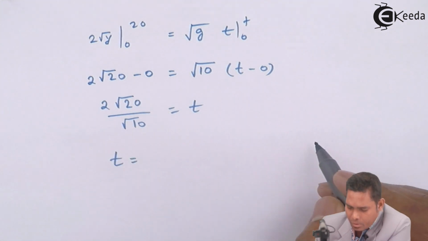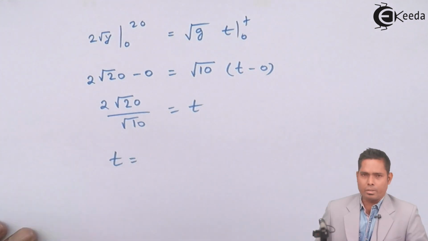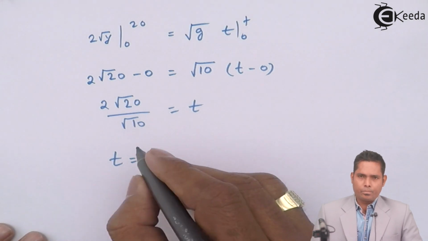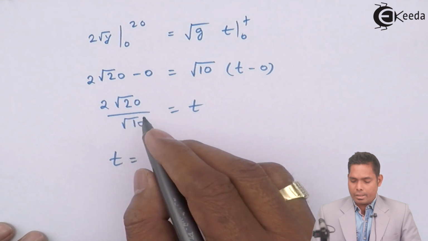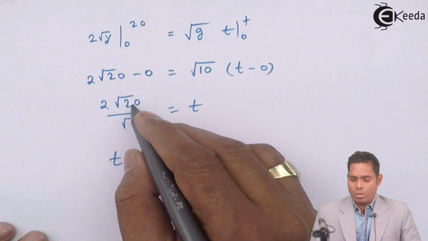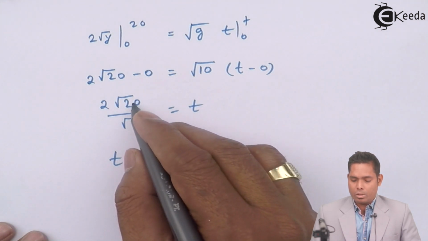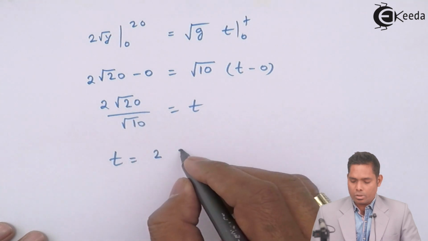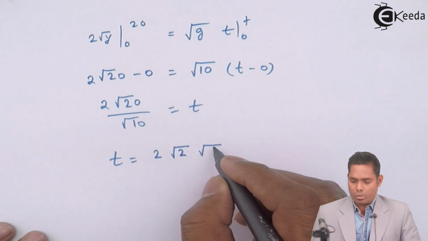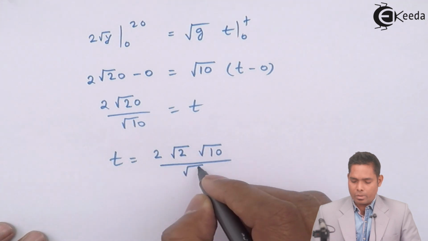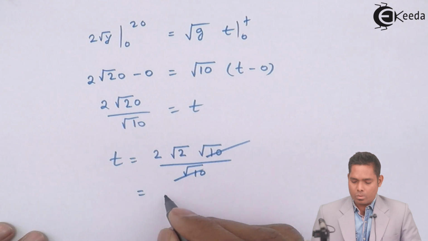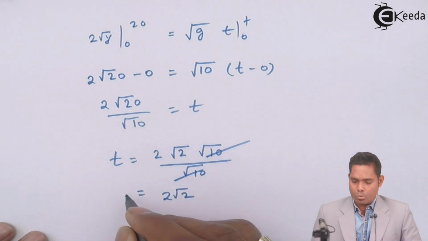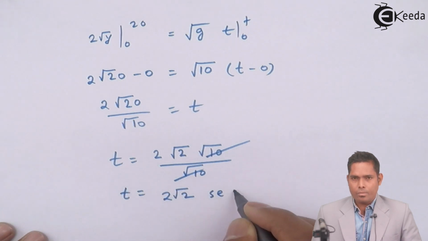So the time taken by the pulse to reach the highest point, the fixed point of the support, is 2 root 20 over root 10. Then 20 is 2 into 10, so it is root 2 and root 10, divided by root 10, so this will cancel out. This will give me 2 root 2 seconds.